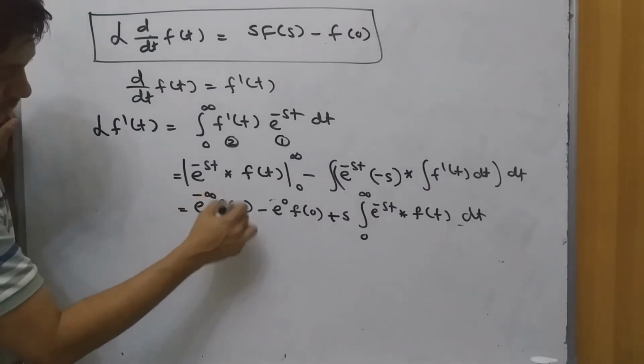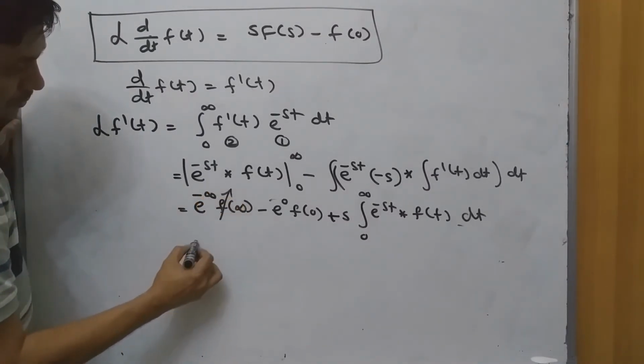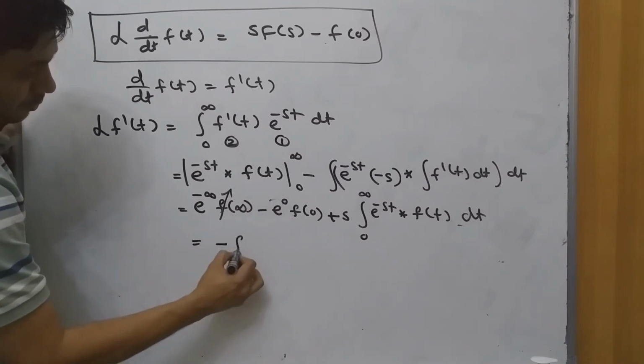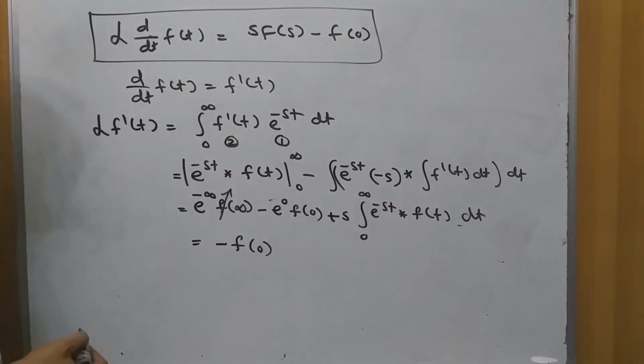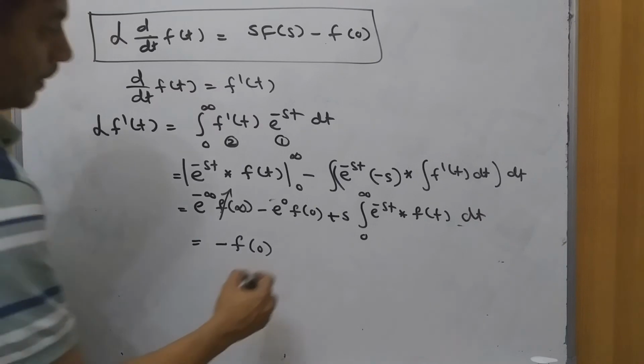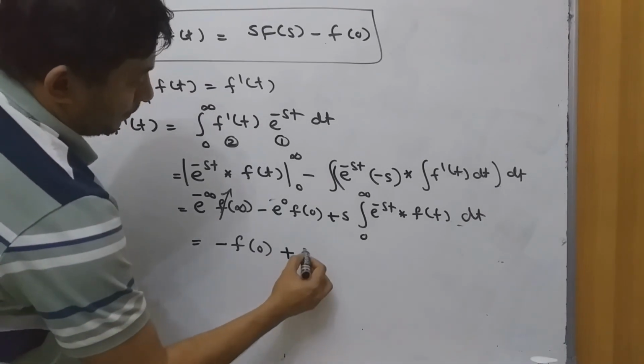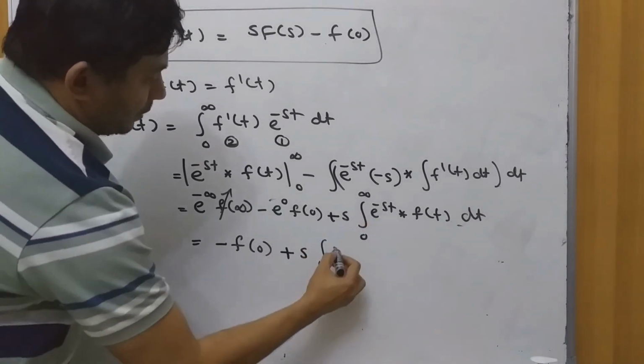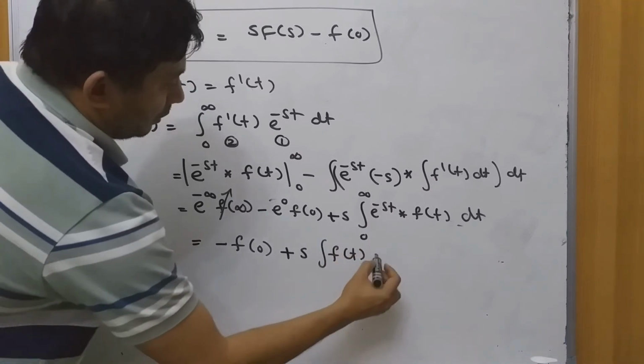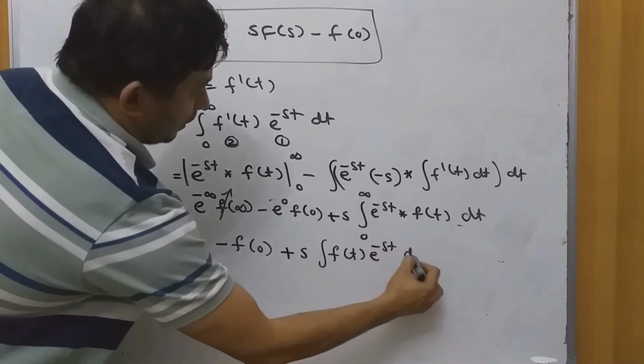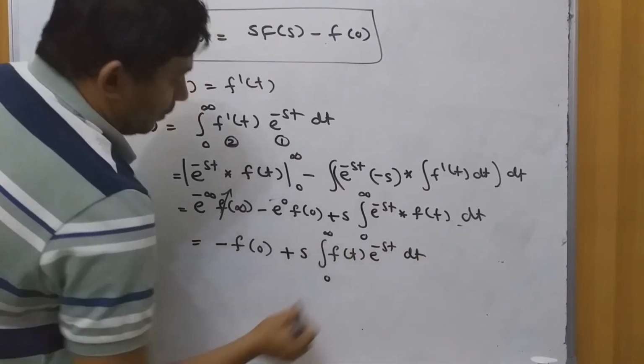So e raised to minus infinity is going to be 0, and this is going to be minus f of 0. Then we have plus s into the integral of f of t e raised to minus st dt within limits 0 to infinity.